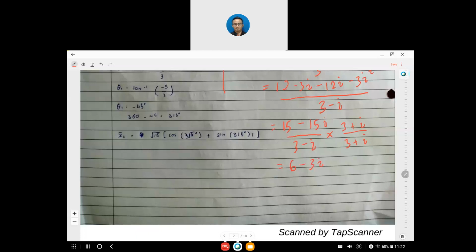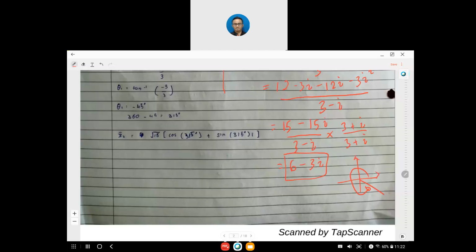Okay, when you solve this one, you can get 6 minus 3i. So we know that 6 minus 3i belongs to which quadrant? Fourth quadrant. Okay, because the value of x is positive, the value of y is negative. So fourth quadrant. Kat situlah.